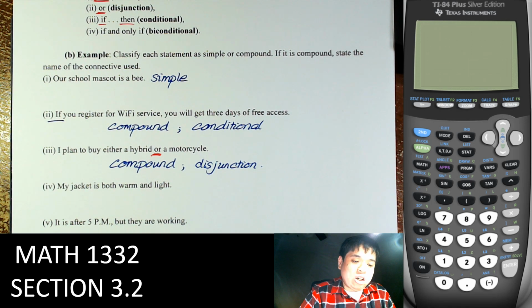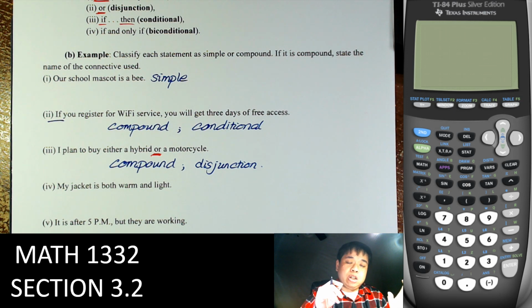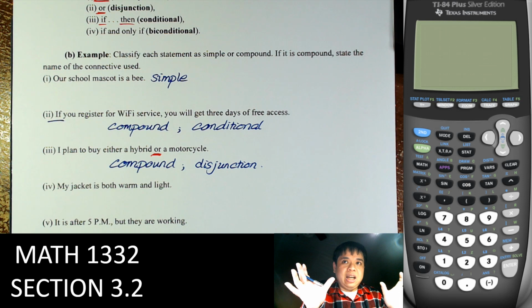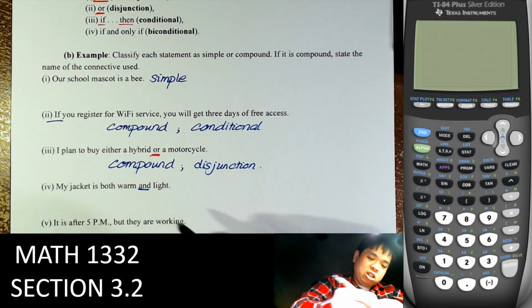Next, my jacket is both warm and light. It looks like it's one idea, but we can write this as my jacket is warm and my jacket is light. So you write that as two ideas, linked by the word "and." Let me just rewrite this.